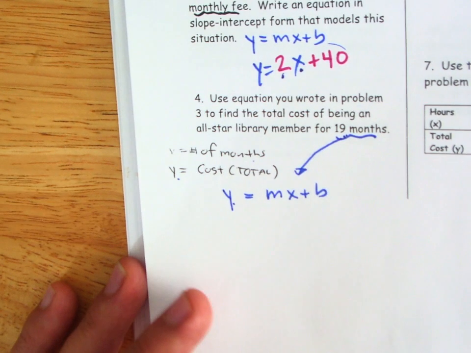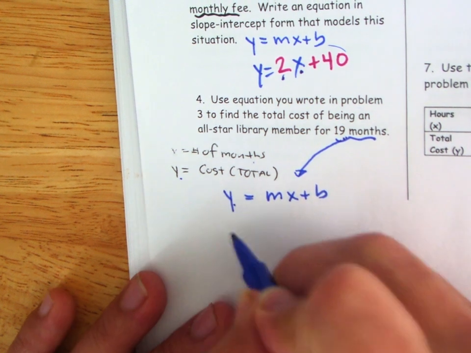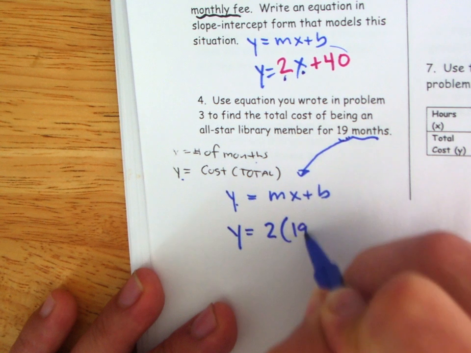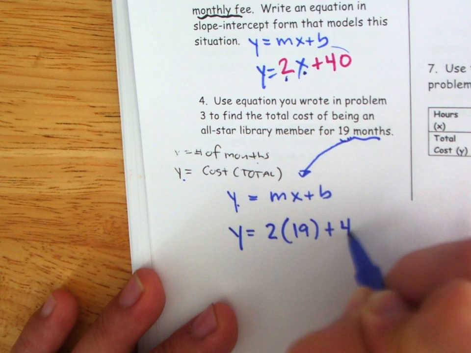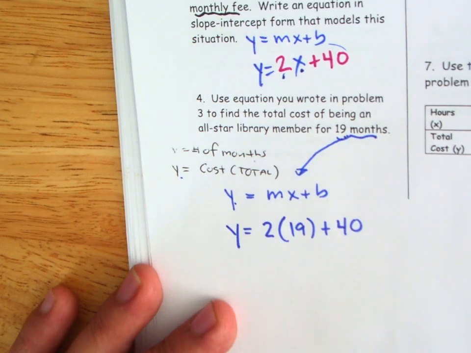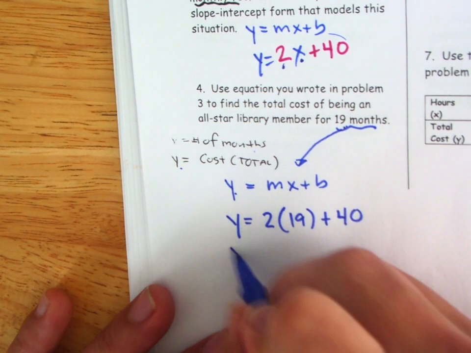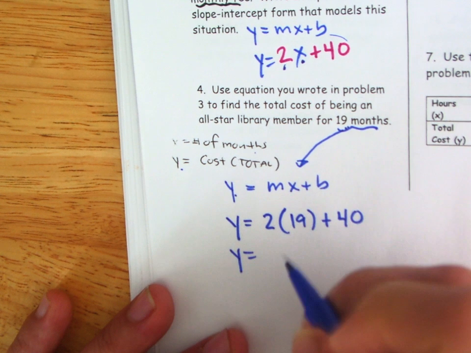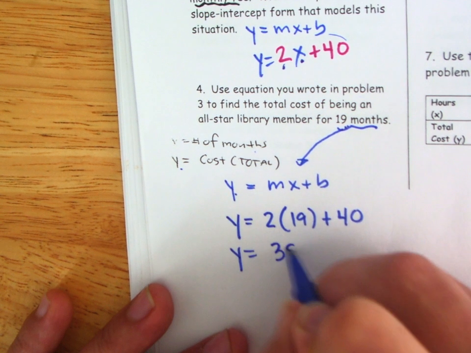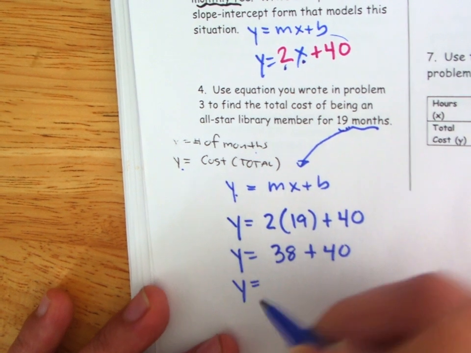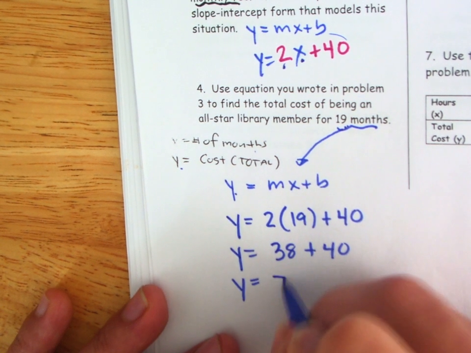All right, so let's go write it up. Got it. Nice. So now let's solve the equation. y is equal to, what's 19 times 2? That's 38 plus 40. So y is equal to 38 plus 40, which is 78.